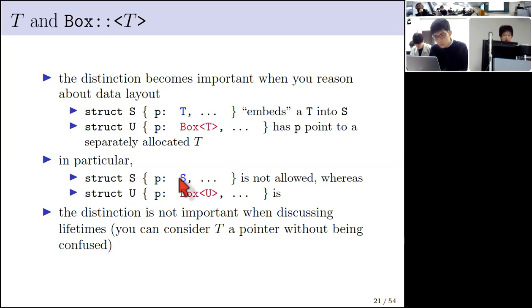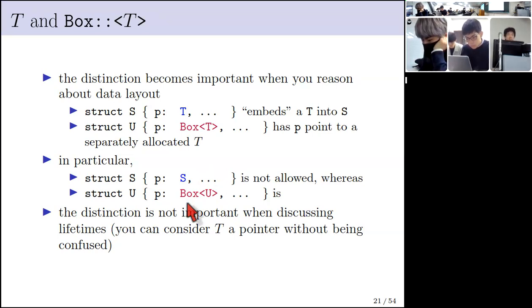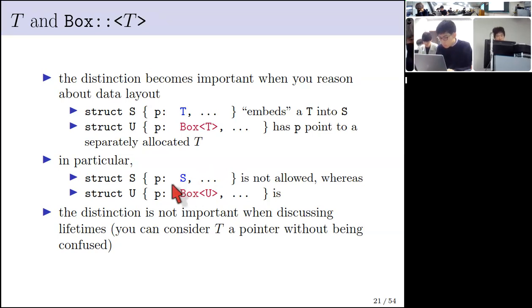If S is embedded in the containing data structure, you cannot make a reasonable data layout for this structure. So the only way to get around this is, in implementation terms, to make this a pointer to itself. So this is valid and legitimate.